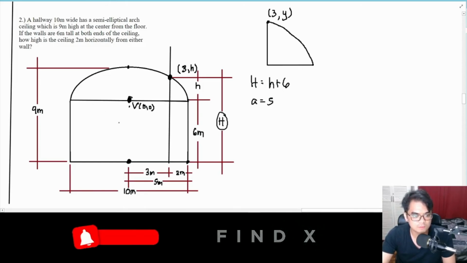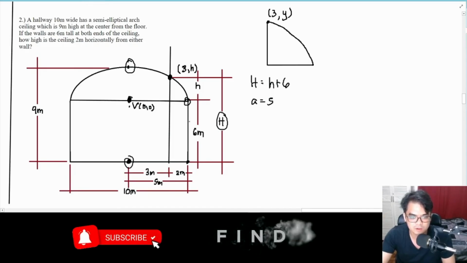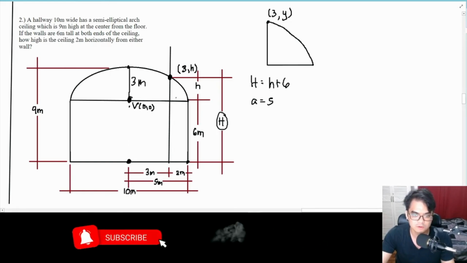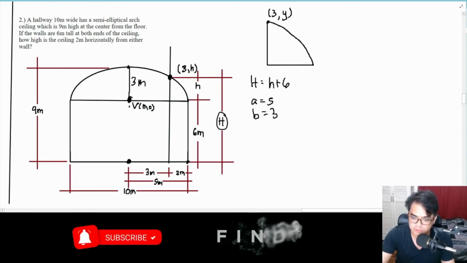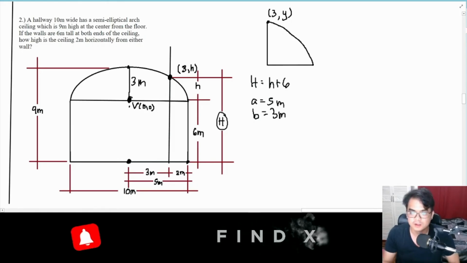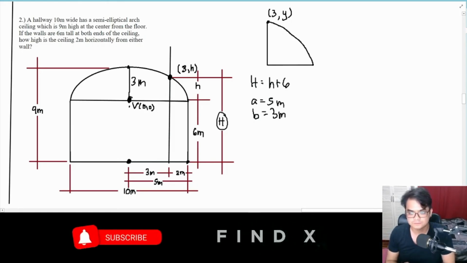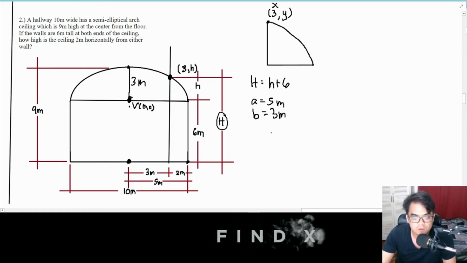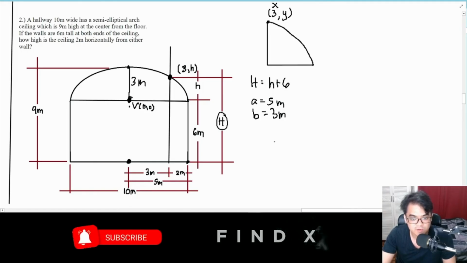From here to here, that's 9 meters, and from here to here, that's 6 meters. Therefore, we can easily say that from here to here is 3 meters, so B is equal to 3 meters. Therefore, we are looking for y, and this is your x. And if the ellipse has the vertex or the center, actually, this is the center, not the vertex. Sorry about that. This is the center.